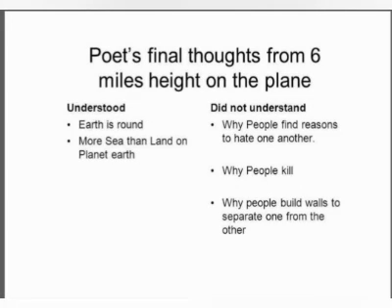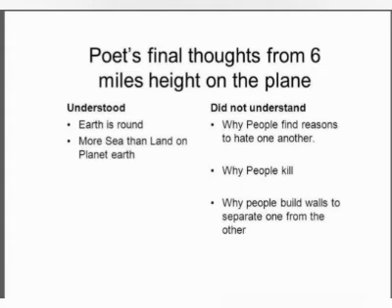The poet's final thoughts from 6 miles height on the plane. You can see there were two thoughts involved. First one, that is understood. The poet understood that the earth is round and it had more sea, that is water, than land on planet earth. But what did the poet have a confusion about, or what did he not understand?